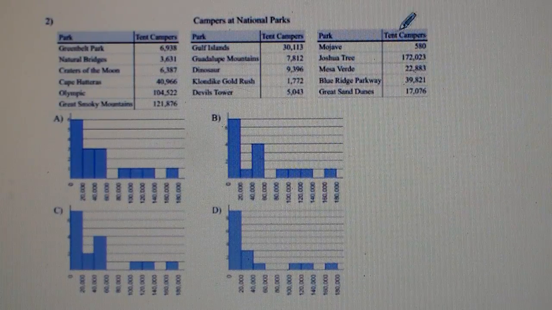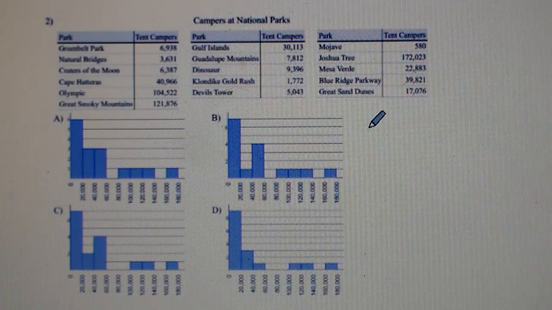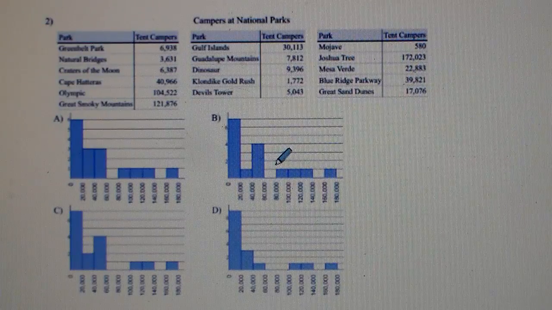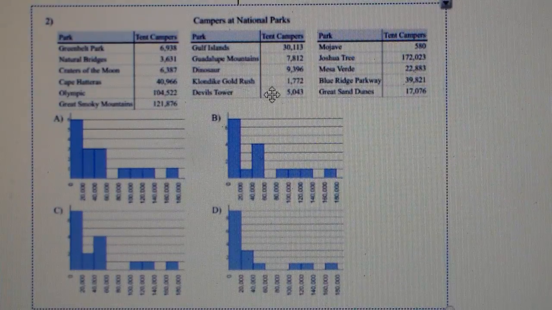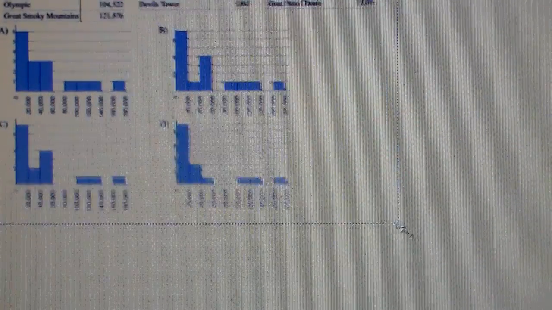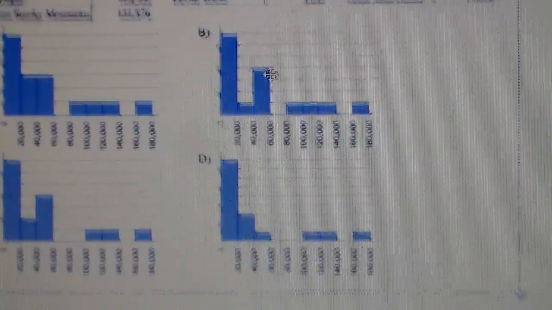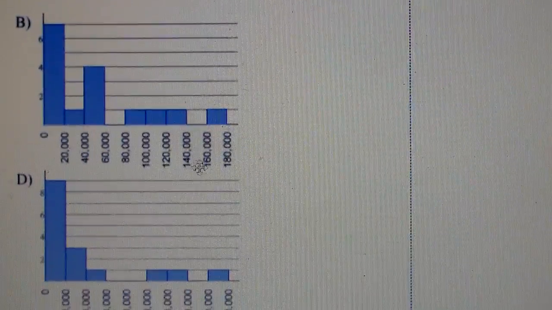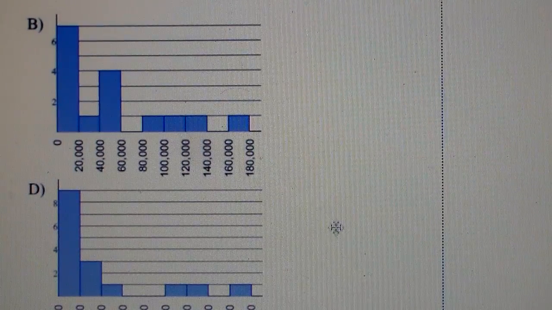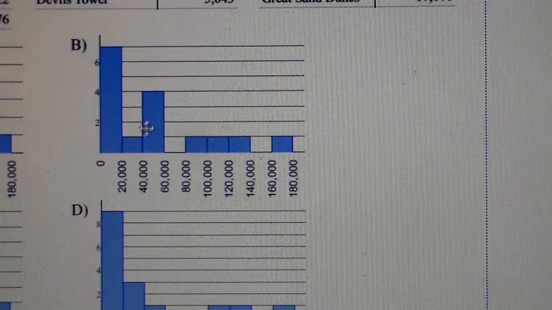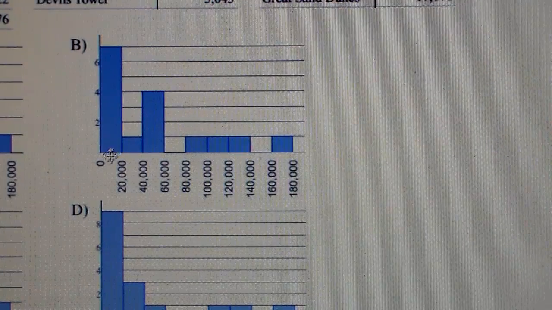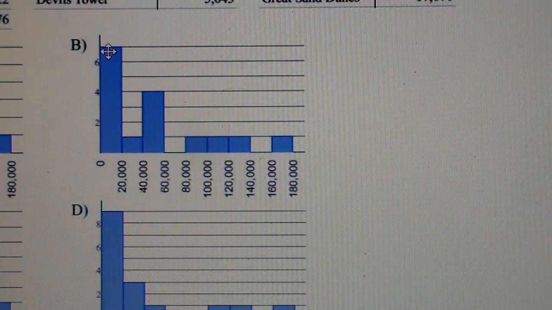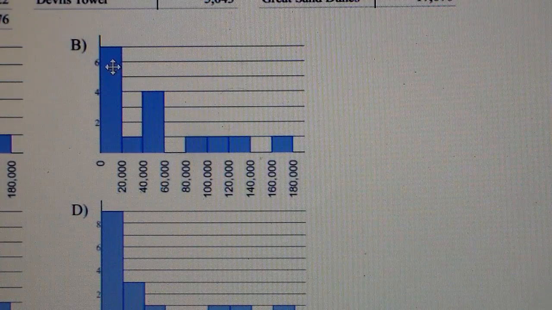Number 2, this is just another table in the set of graphs, campers at national parks. If you look at these bar graphs, we're looking at B. In this bar graph, all the numbers between 0 and 20,000 get accounted for in this bar.